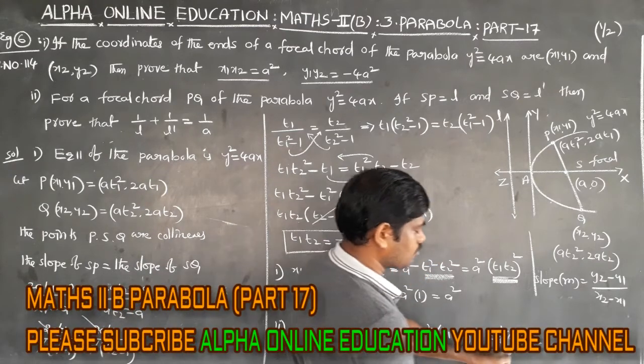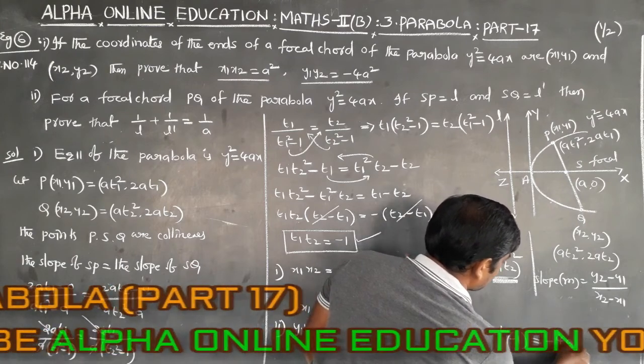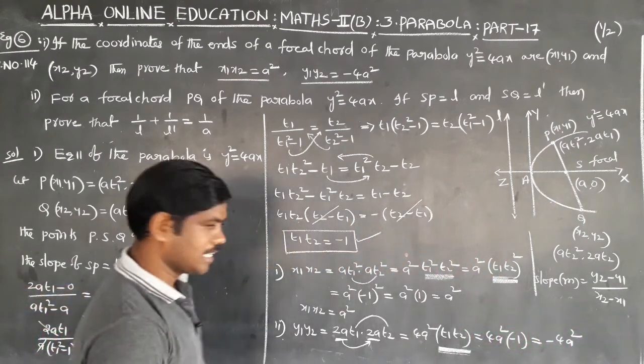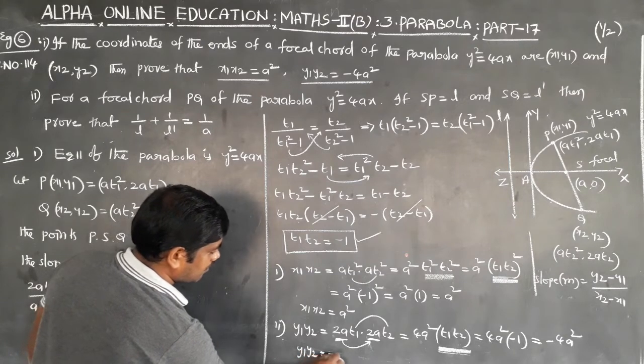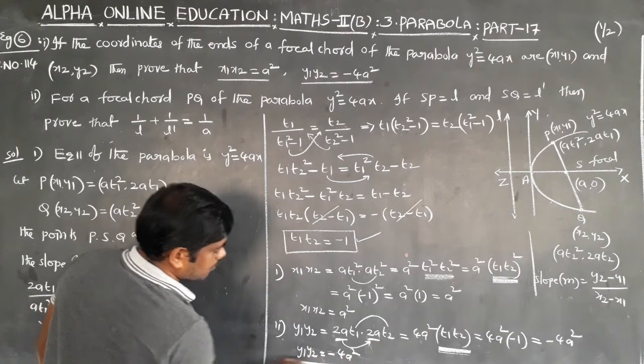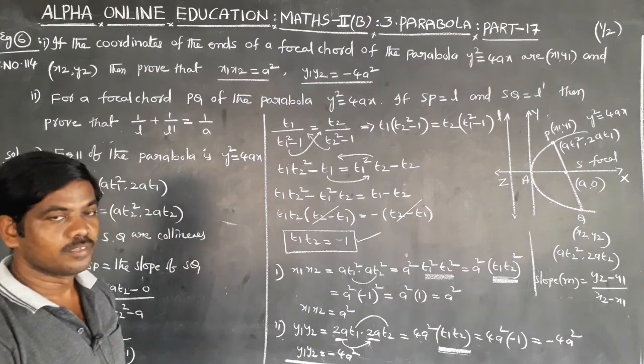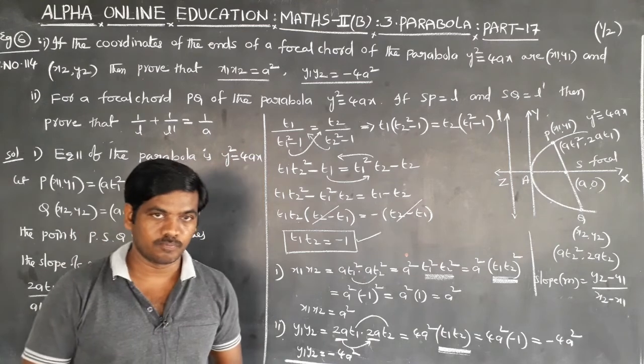So a square into minus 1 is equal to minus 4a square. Therefore y1 y2 is equal to minus 4a square. This is the first part to prove.